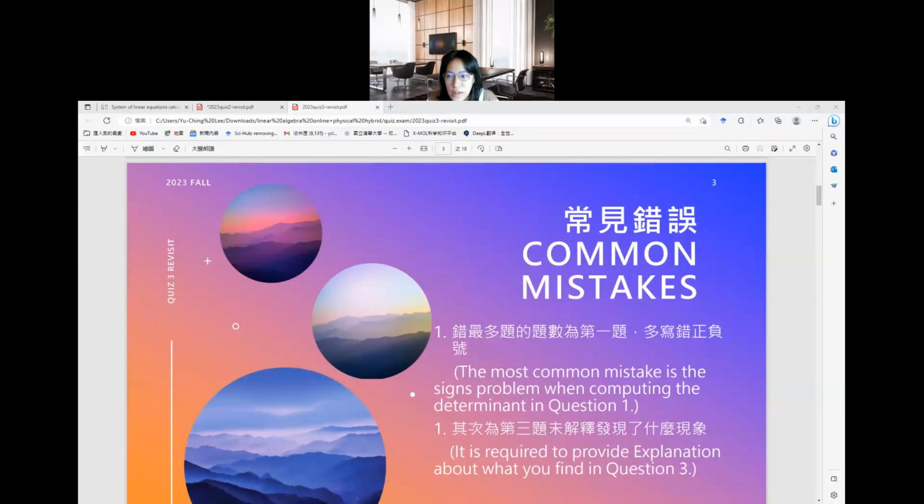Some students lost a few points because they only computed the area of that parallelogram, but did not provide reasons or explanations in the graphical solution.